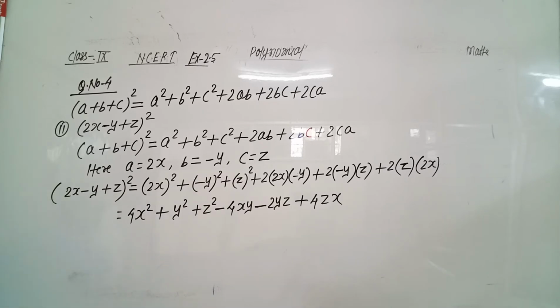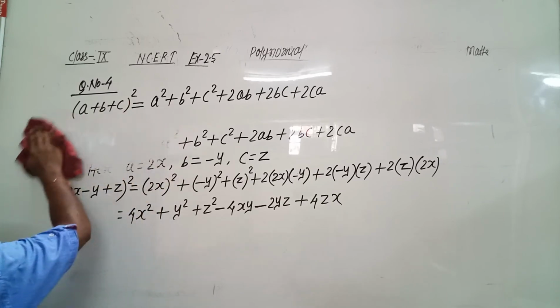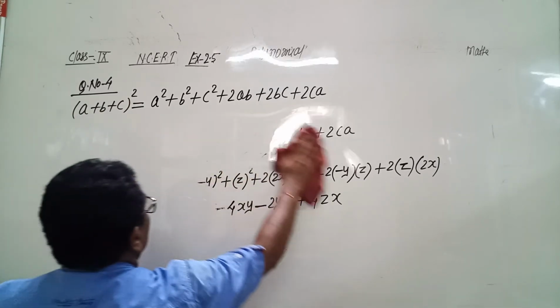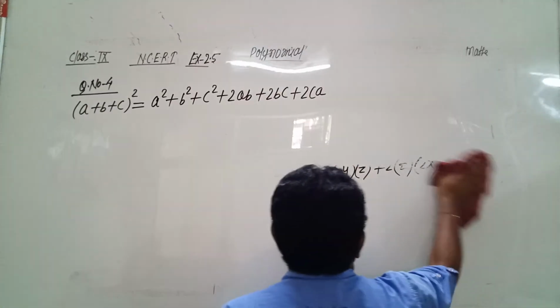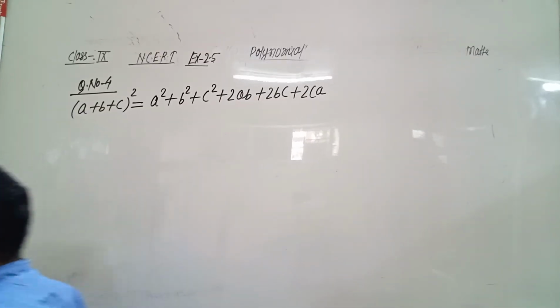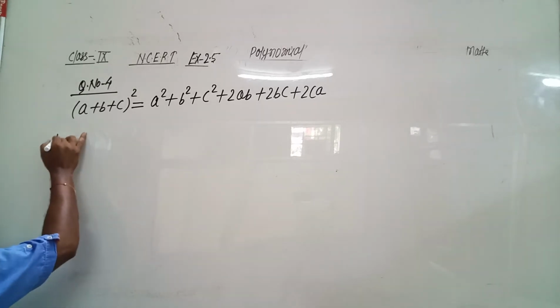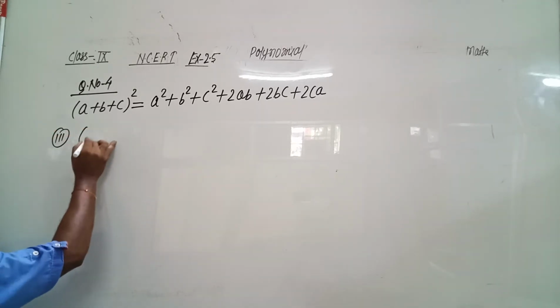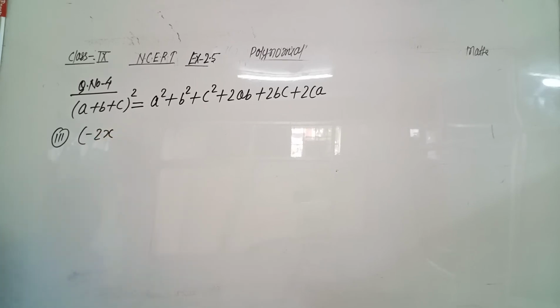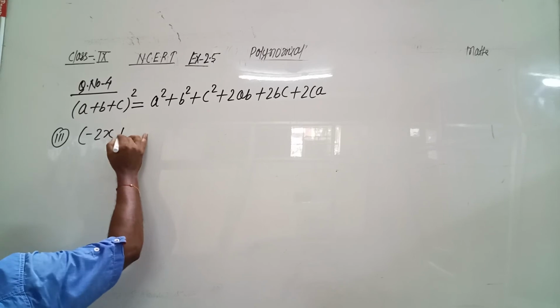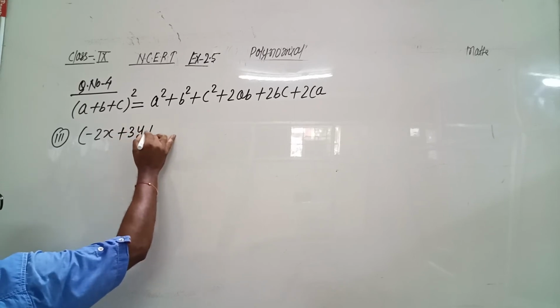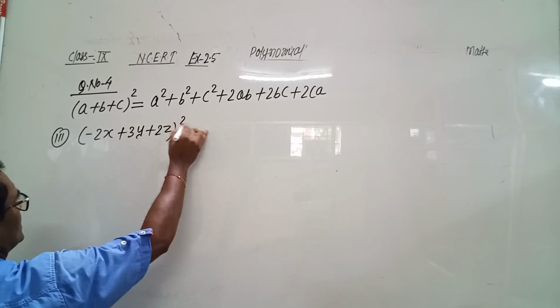Now the third part of this question: minus 2x plus 3y plus 2z the whole square.